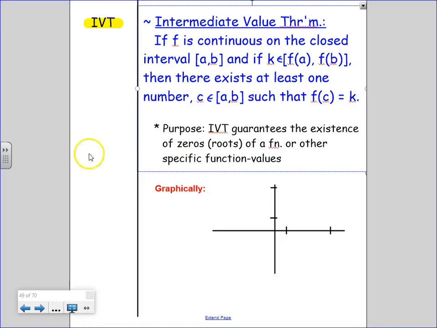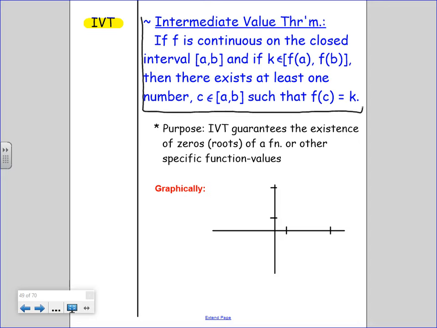I limited the purpose just a little bit too much when I say it guarantees the existence of zeros. It also guarantees the existence of other specific function values as well. I'm not going to make you guys put the purpose in, though maybe I should. You guys keep writing. You have plenty to write.